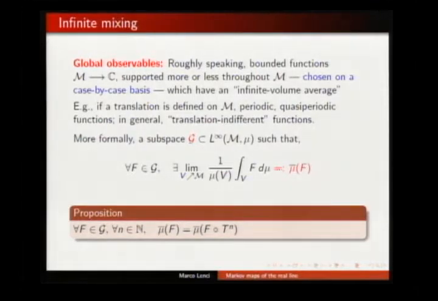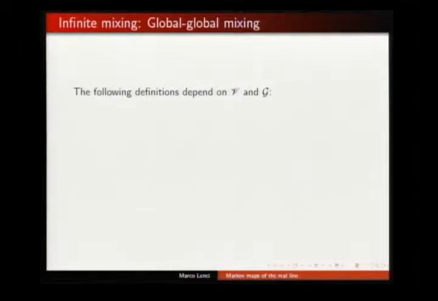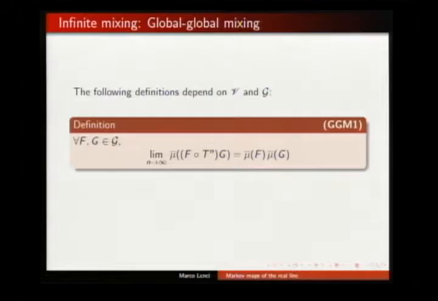So with this definition and with the business about the large box having only surface effects, if you wish, which was one of the assumptions, you can actually prove that this functional is dynamics invariant, which is what you want to have. And so if you're interested in mixing, by the way, once again, a reminder that these definitions depend on your choice of V or the exhaustive family and on your choice of global observables.